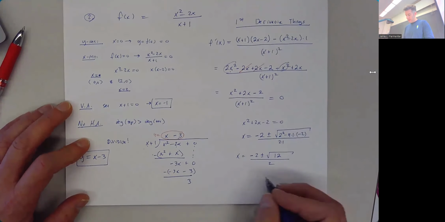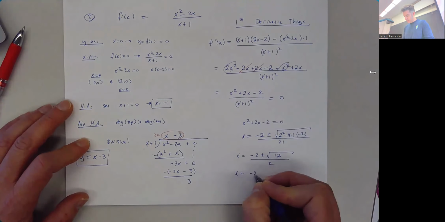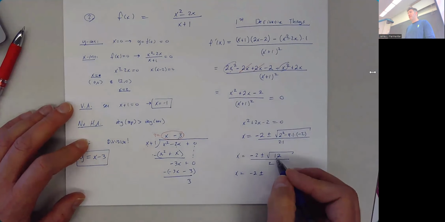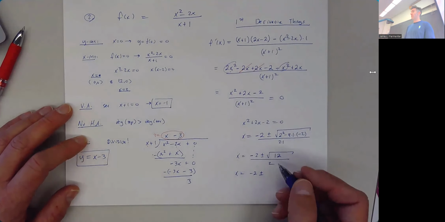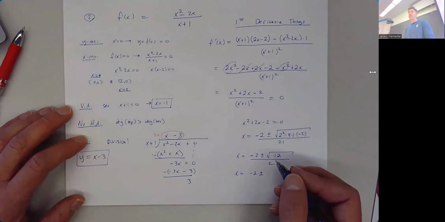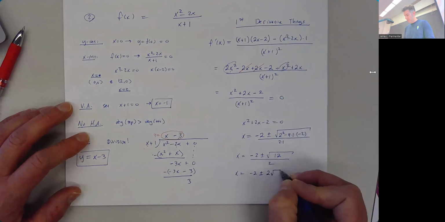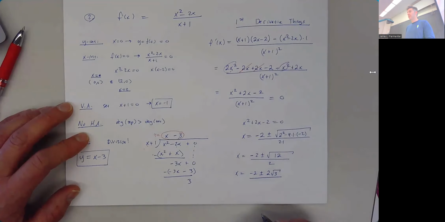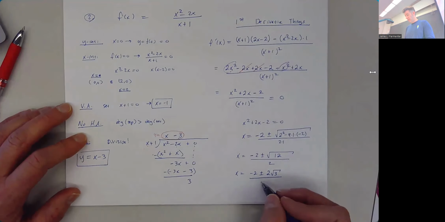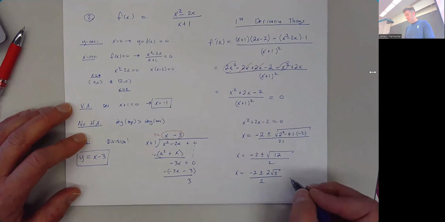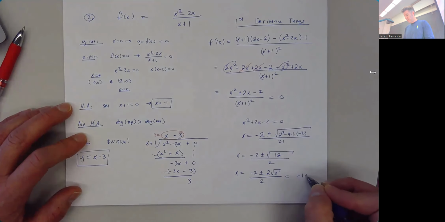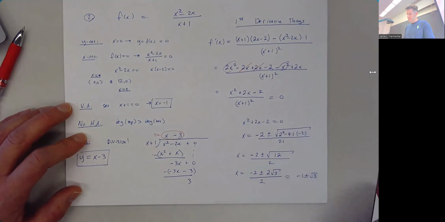I am going to simplify this. The square root of 12 is the square root of 4 times 3, or the square root of 4 times the square root of 3, which is really 2 times the square root of 3. Divided by 2, each part gets divided by 2. So we really have negative 1 plus or minus the square root of 3.